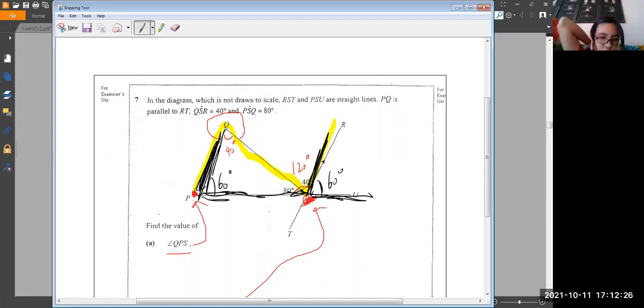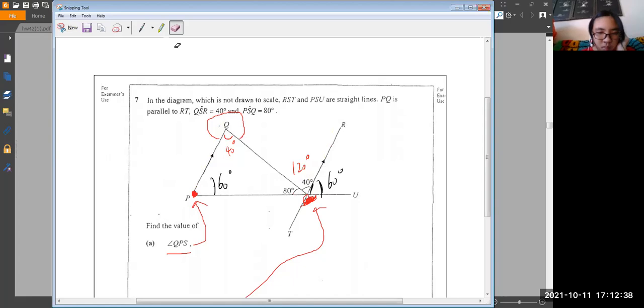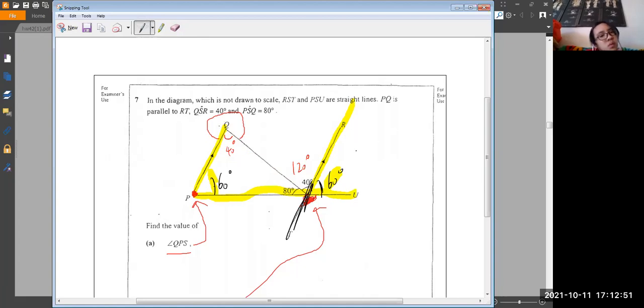Can you see a F? Corresponding angle? Sorry, I messed up. Can you see a F? So 60, 60. So if this is 60, this is angle on a straight line.